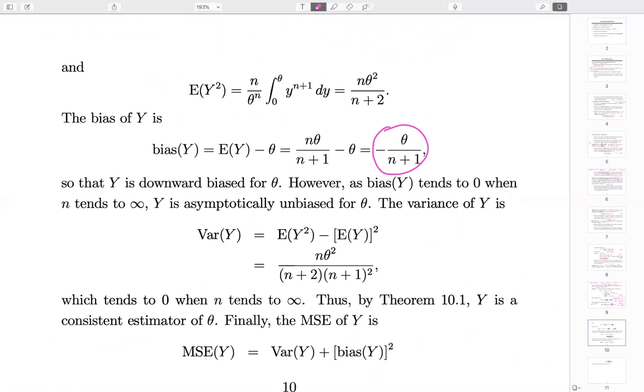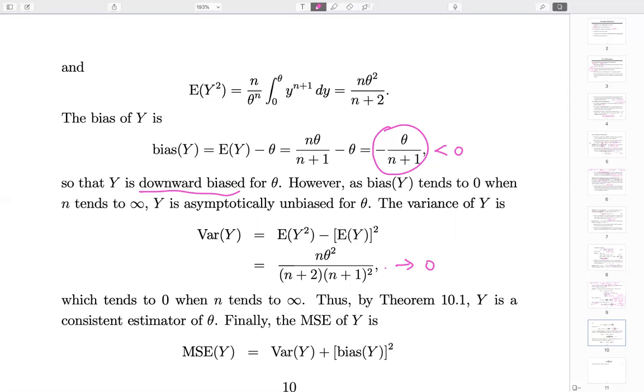Here the bias is actually negative, so you always underestimate the true parameter theta. So it's a downward bias, or negative bias. From the variance part, we can see it's given by this. It's very obvious that when I take n to infinity, the variance of the estimator y will go to 0.